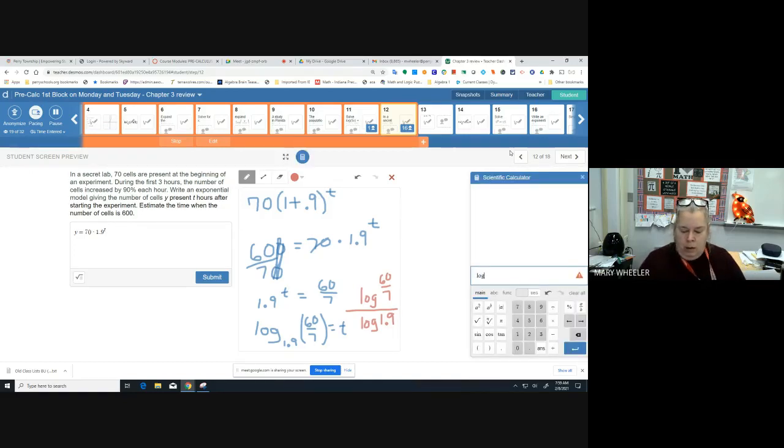So log 60 divided by 7, divided by log 1.9. And I get a pretty reasonable answer there, 3.347.